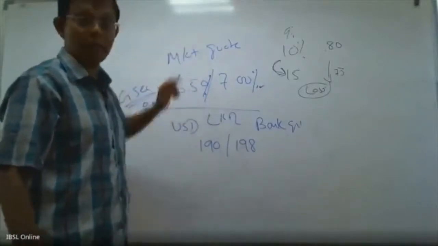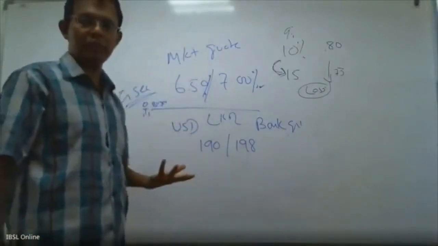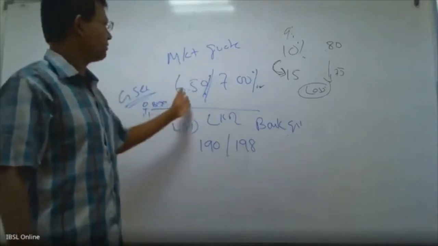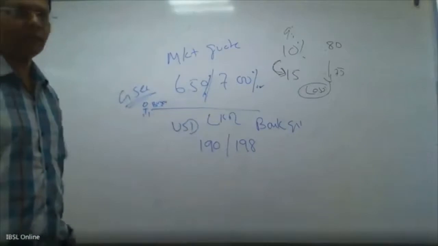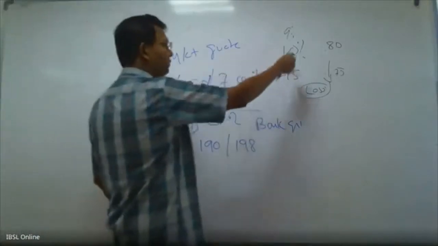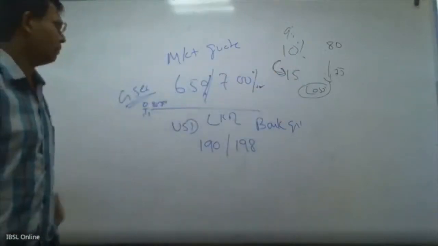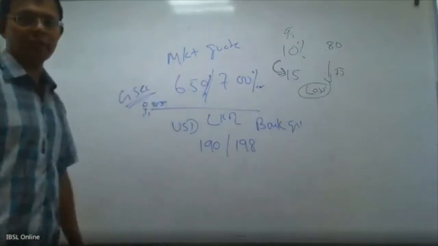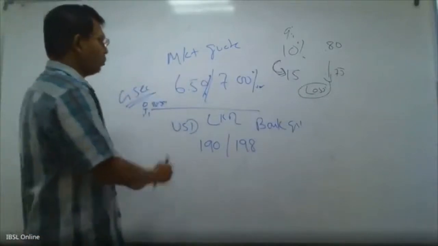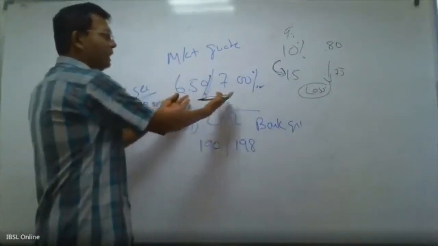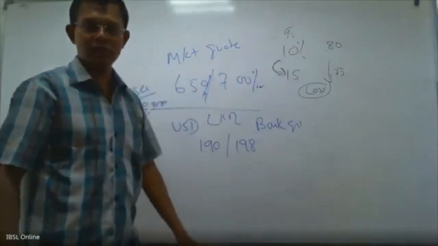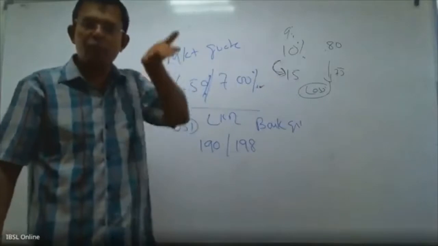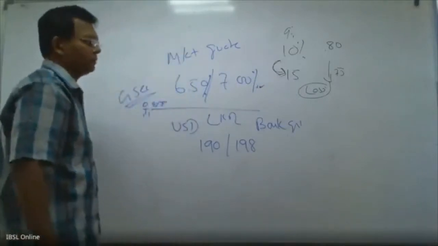The seller likes to sell this particular instrument at 6.5 to 7.0. When the yield has come down, price should go up.